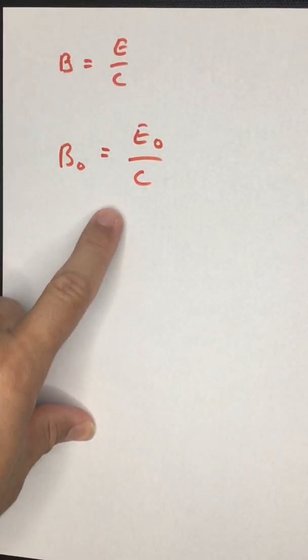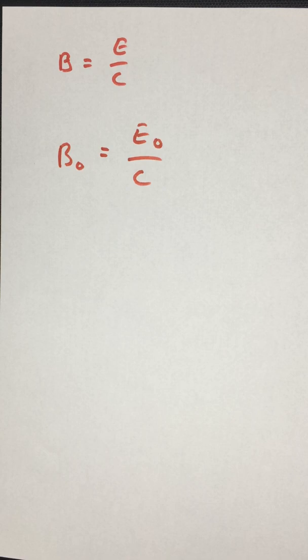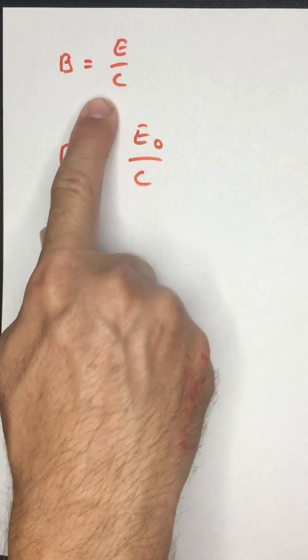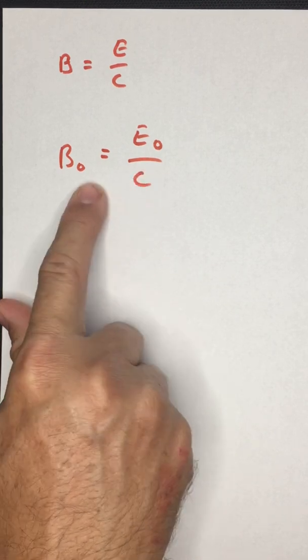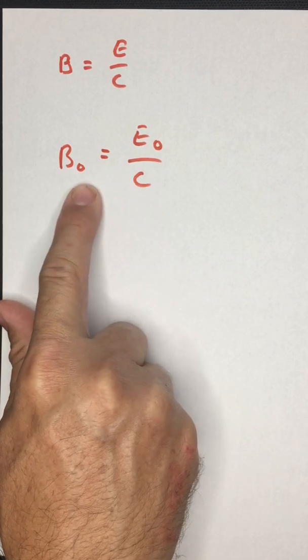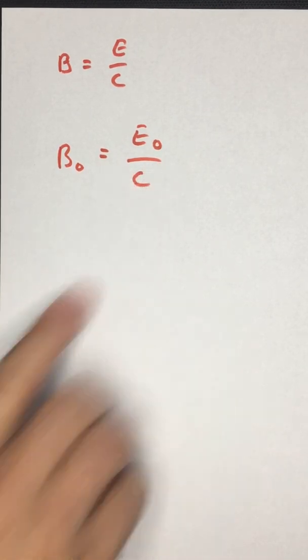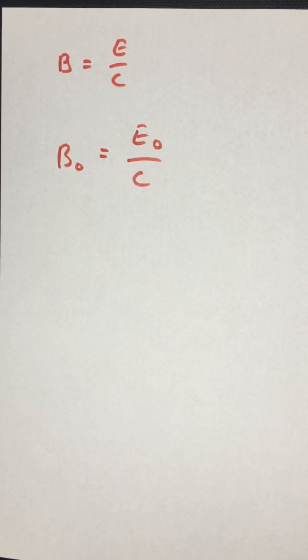This one turns out to be the one we're going to use more than anything else. But this is also true. But of course, if this is true, this is true, because this is just picking off one particular point in time where the B field and the E field are both maximized. Now, that's a really simple expression that relates those.